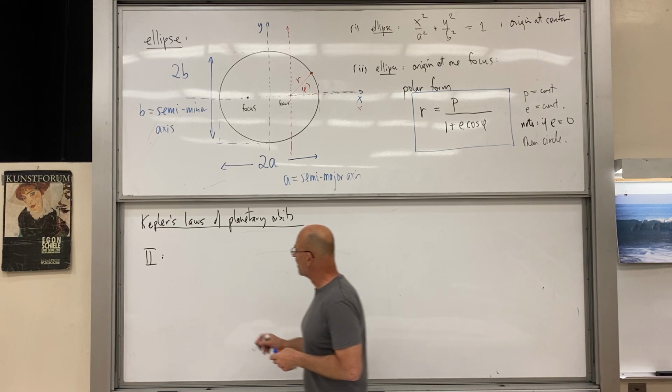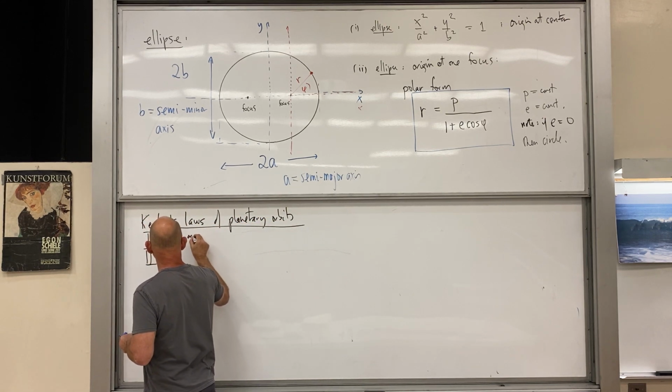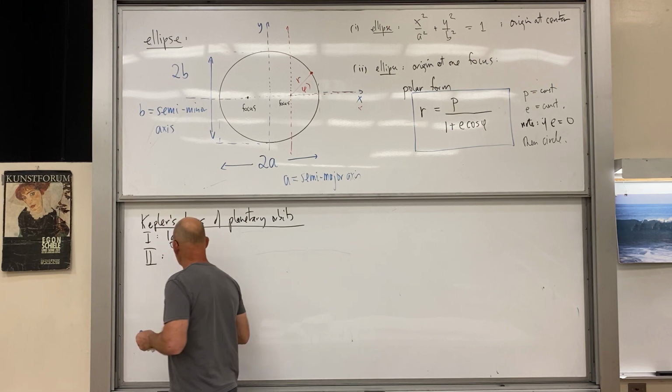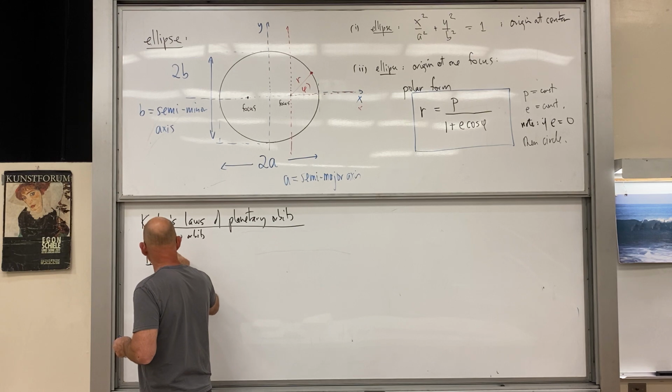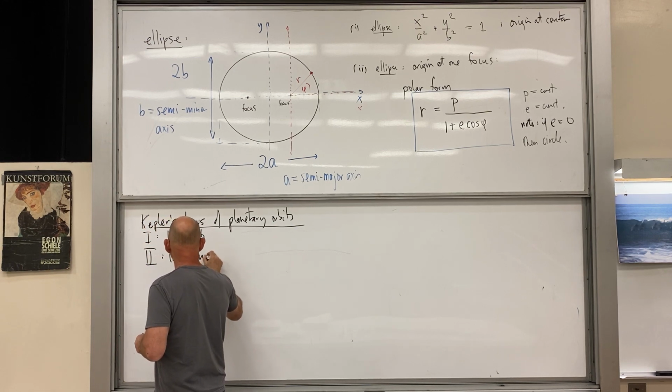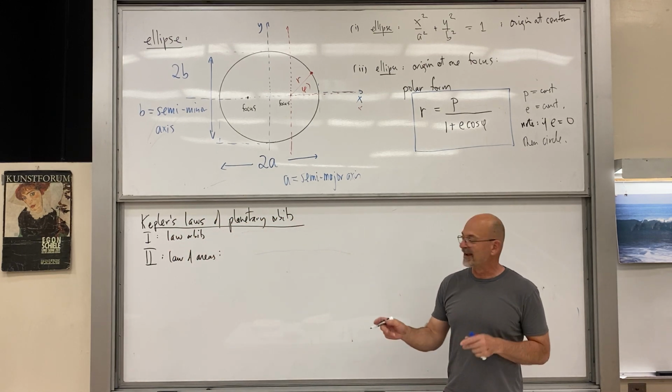So the first law was the law of orbits, and then the second one would be the law of areas. A way to remember: you got the orbits, now you got the areas.